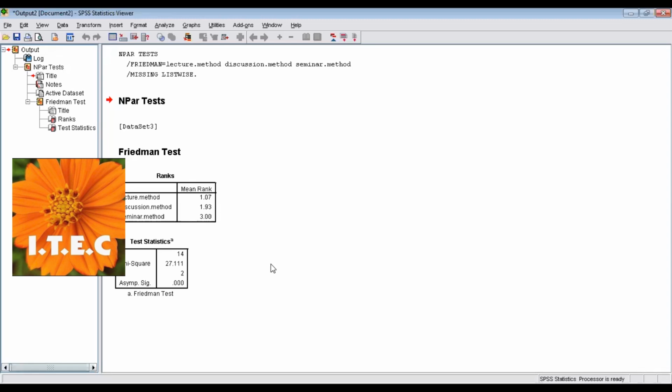And then you can see these are the mean ranks, and this is your chi-square value, and your chi-square value is significant at 0.01 level, because it is 0.000, then I can write 0.01. And degree of freedom 2. What is the meaning?